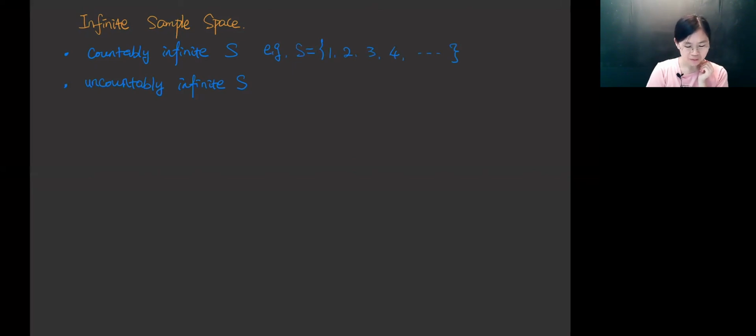Or an uncountably infinite sample space includes much more points. The elements inside an uncountably infinite sample space cannot be enumerated. For example, S is the interval 0 to 1 on the real line. The real interval 0 to 1 is not countable.